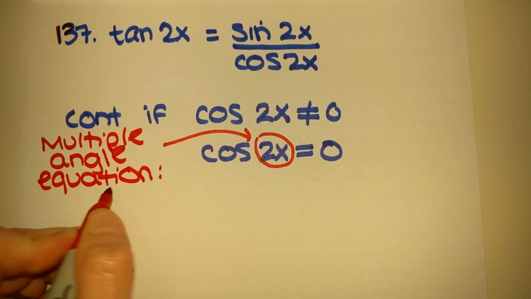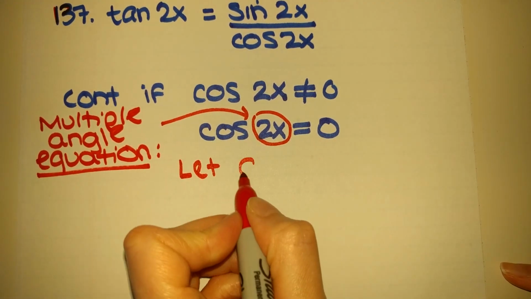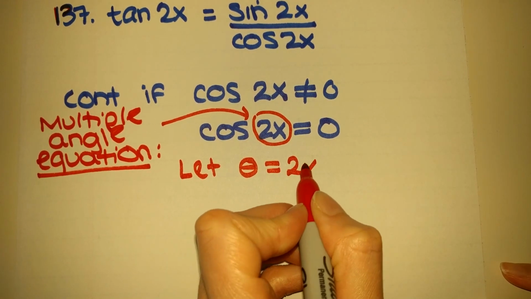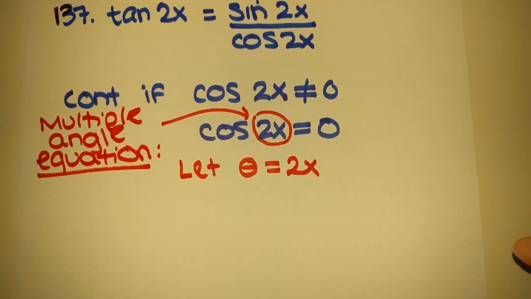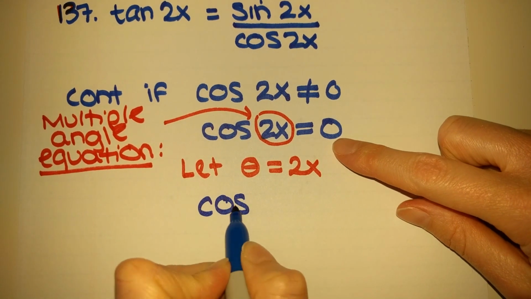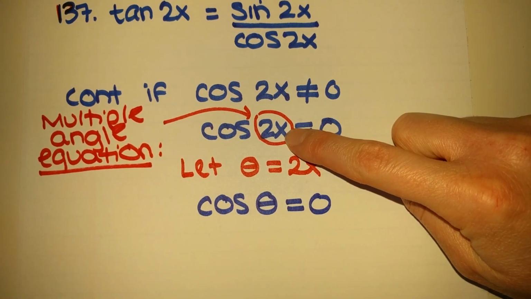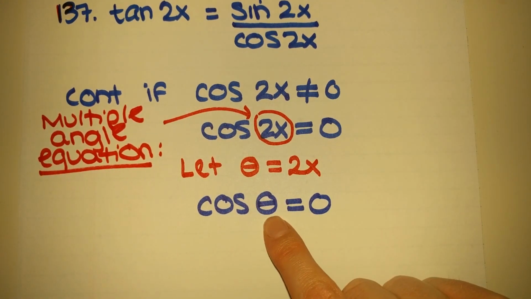And hopefully you remember from trig, when you have a multiple angle equation, one way of doing this is to let theta be equal to that multiple angle. So let theta be equal to 2x. Now, if I do that, I then have cosine of theta is equal to 0. Now, that I can solve because that theta is on my unit circle.